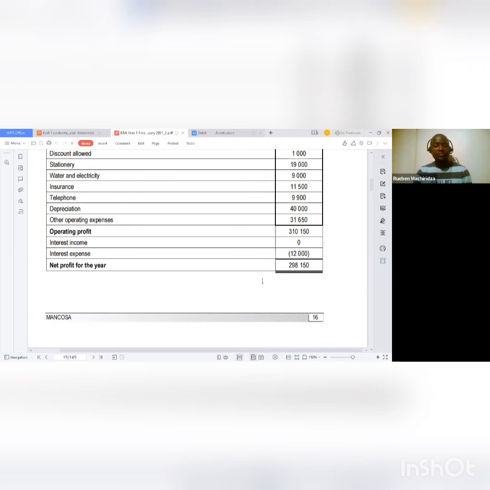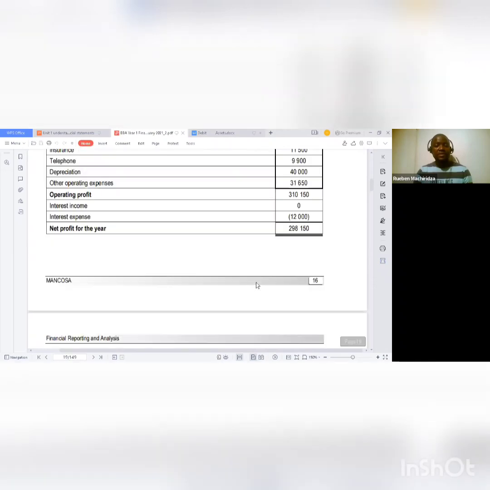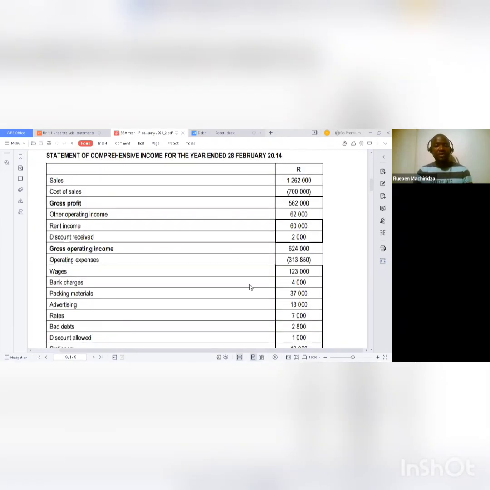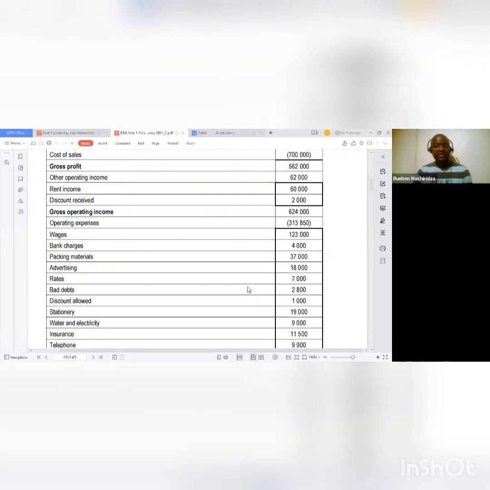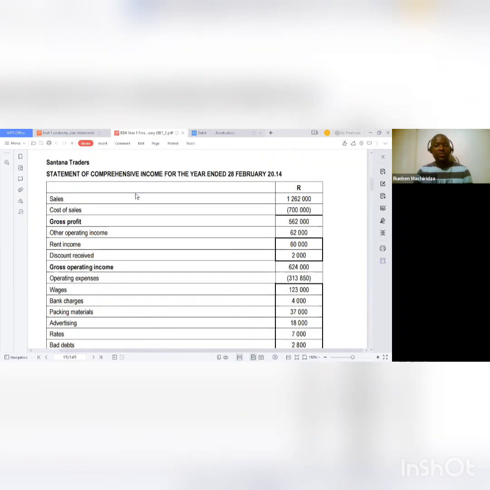So that's it about the statement of comprehensive income, and that is what we hope to have mastered by the end of the module. So if circumstances do permit, we are going to attempt questions pertaining to the statement of comprehensive income. As you might have seen, or as you might agree, it doesn't come as simple as this.